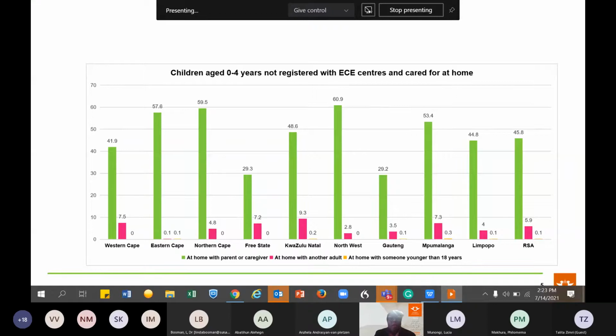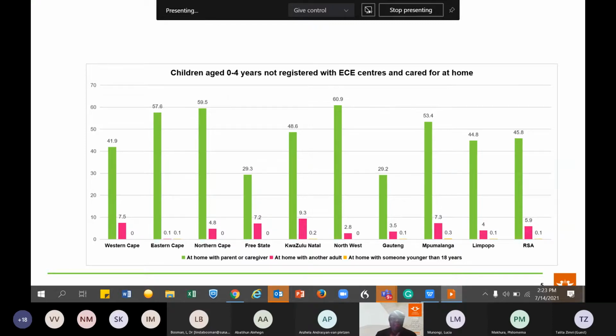I am prone to talk about this particular slide that comes from the statistics in the country in terms of the different children who are involved in ECE centers and cared for at home. But due to time, I wouldn't go into detail in terms of the different aspects. However, the reality is we have many children that are still out of school and are not cared for.